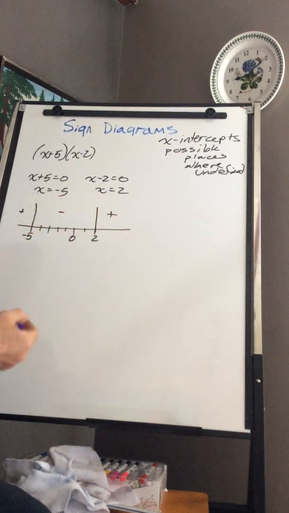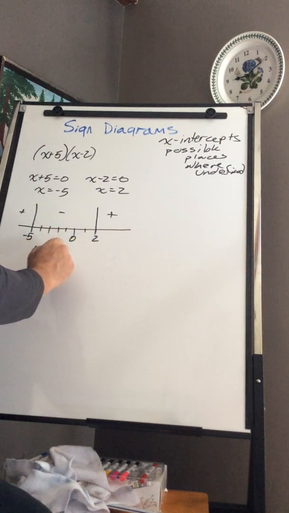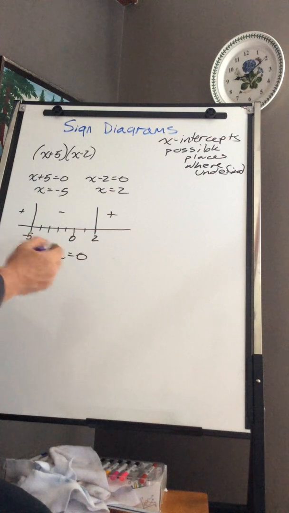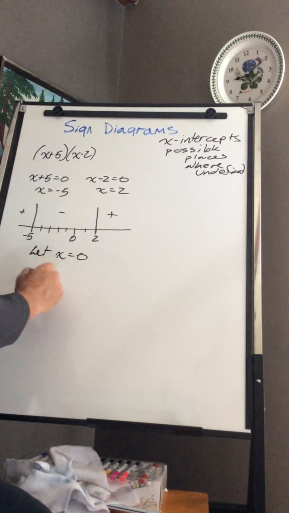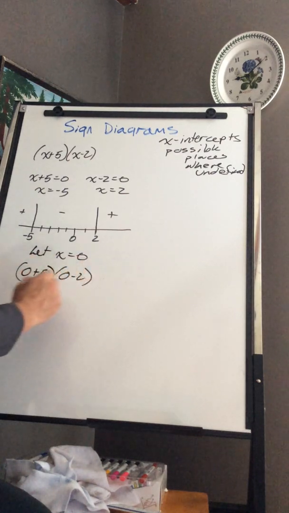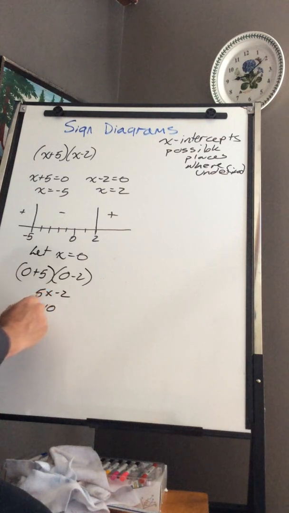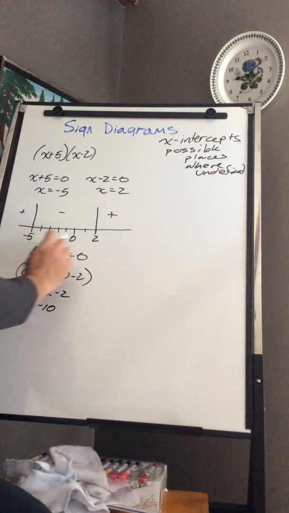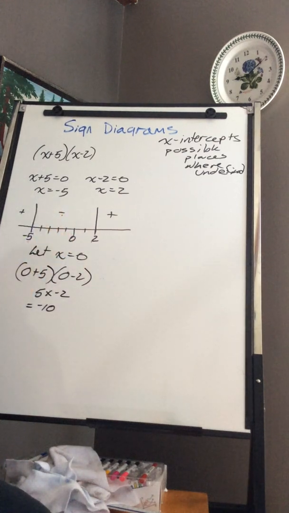But we'll verify that. We'll pick 0. So we're going to let x equal 0. So 0 plus 5, 0 minus 2. So I have 5 times negative 2, which is negative 10. So between negative 5 and 2, the graph is going to be negative. So that worked.